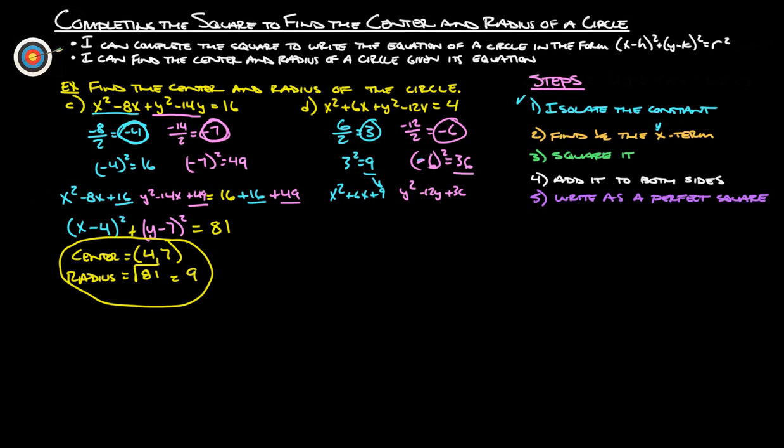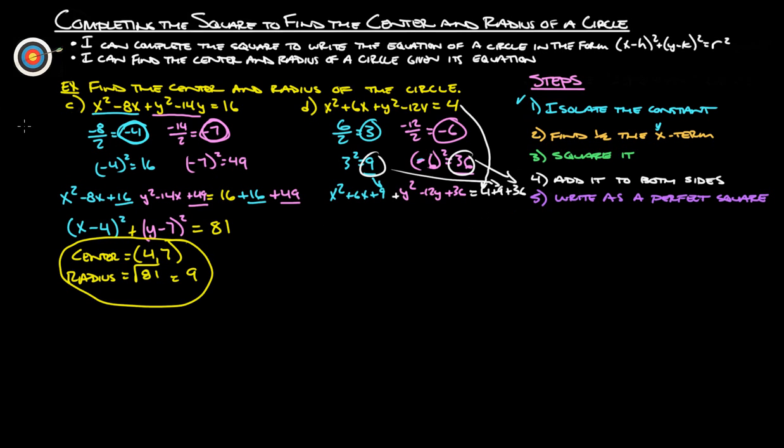And this whole thing is going to equal 4 plus 9 plus 36, because this 9 and this 36 have to go over here as well, and this 4 comes down from there. That's where all those numbers come from.